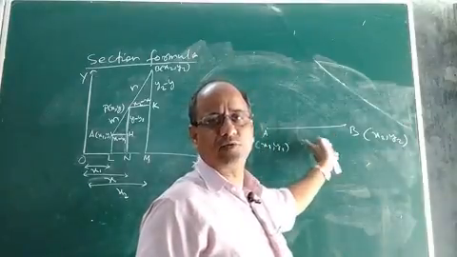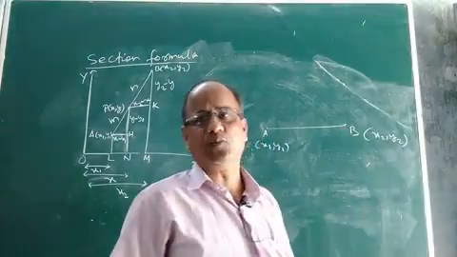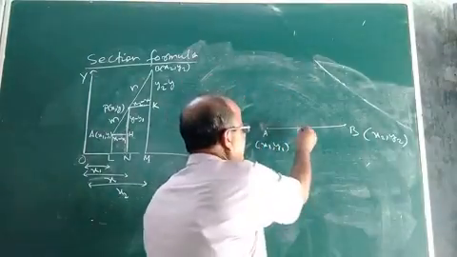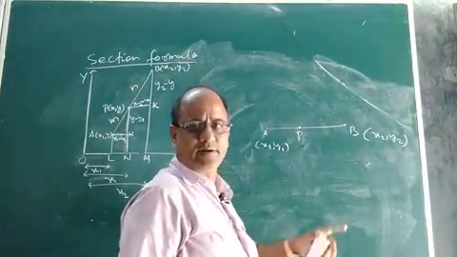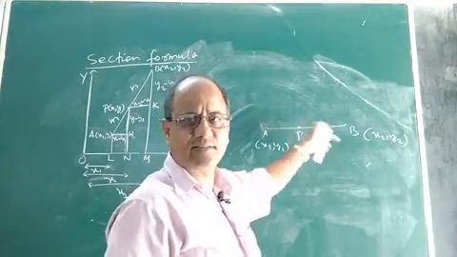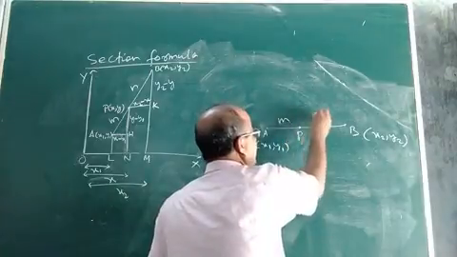See, suppose you are given a line segment AB, the coordinates of the 2 endpoints A and B are given, x1, y1 and x2, y2. Now suppose it is given that P is a point lying on the line segment AB which divides this line segment AB in a given ratio. Suppose the ratio is m is to n.